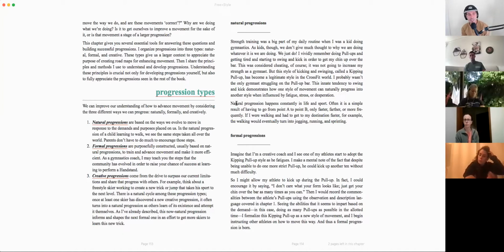And what's interesting about the creative progression is that the creative progression is natural. Thus, natural progressions and creative progressions are almost the same. The difference is that a natural progression happens unconsciously, a creative progression happens consciously.